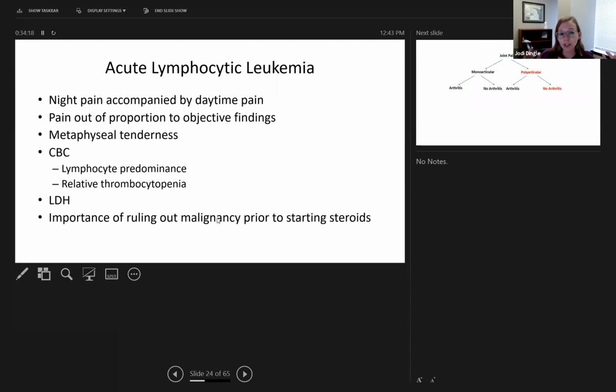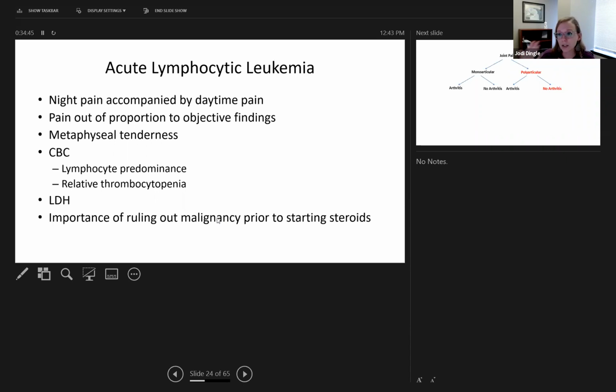And of course, this is the importance of getting some screening labs. So you'll see that lymphocyte predominance. They'll often have relative thrombocytopenia. If I'm worried about an inflammatory arthritis, I would think there would be more likely to be a reactive thrombocytosis. So if I see low or even low-side platelets, at least it triggers in my head to think about leukemia.